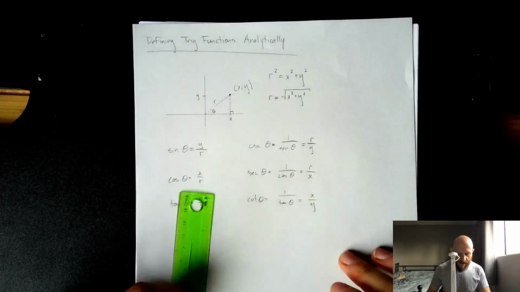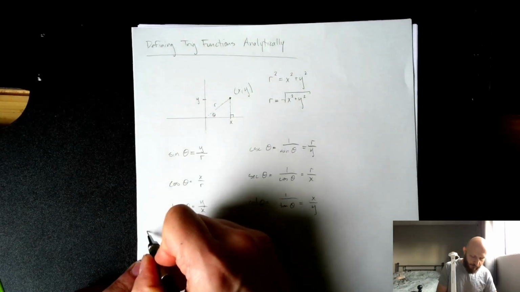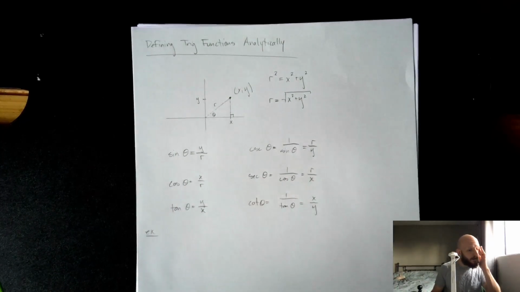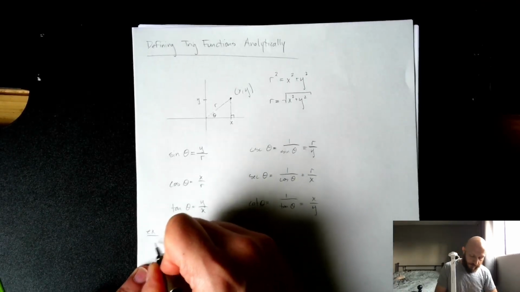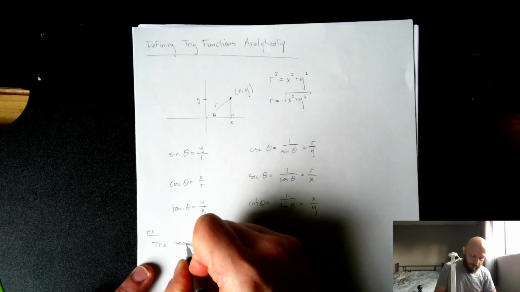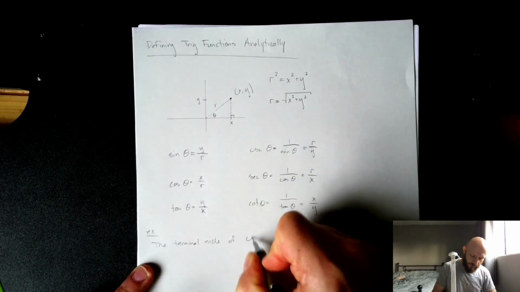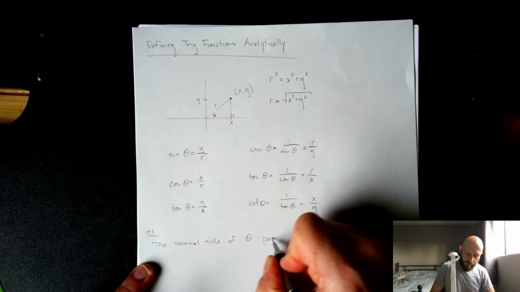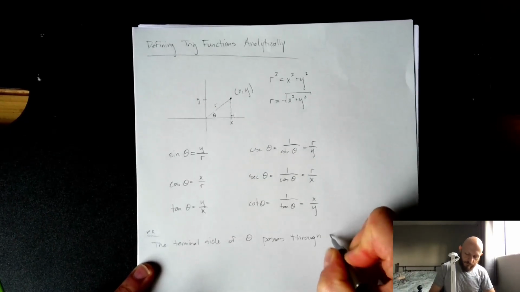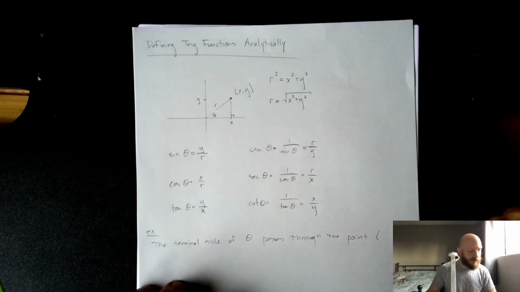So let's take an example. Say there's some angle theta, the terminal side of the angle theta passes through the point, what did I say, -2, 5.